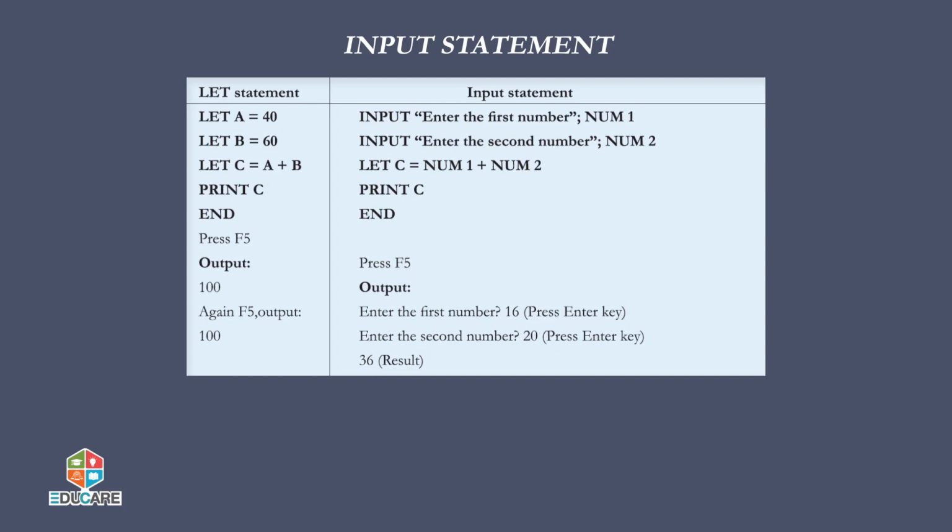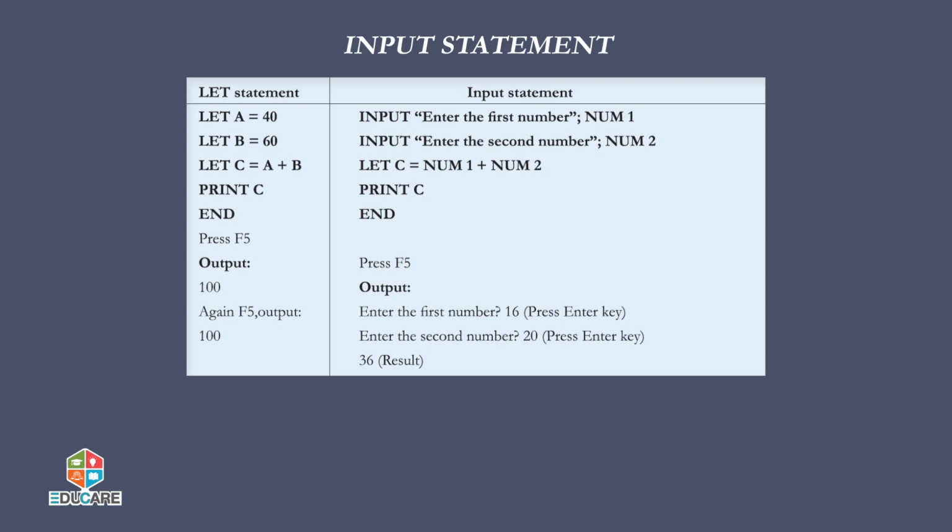Input statement. Input "Enter the first number", num1. Input "Enter the second number", num2. Let c = num1 + num2. Print c. End. Press F5. Output: enter the first number 16. Press enter key.